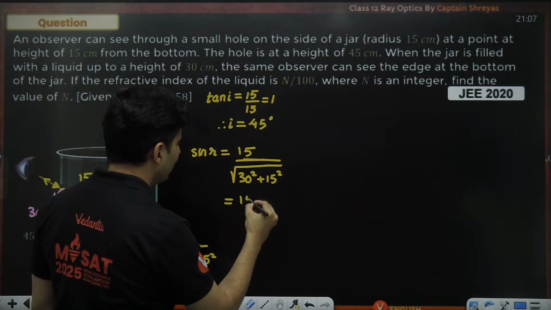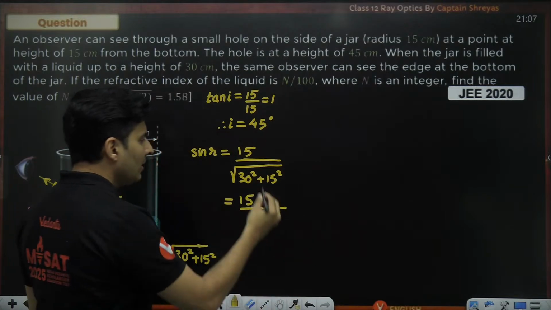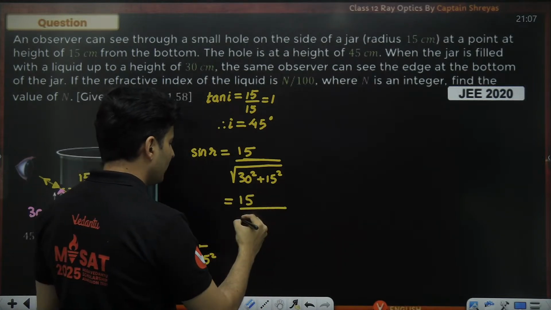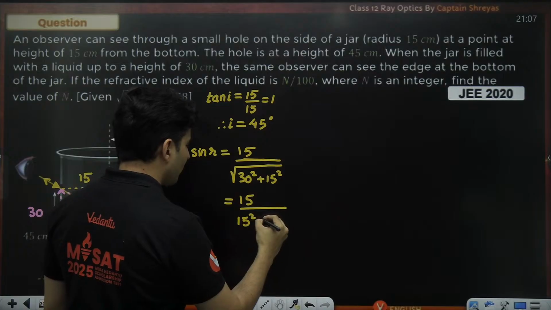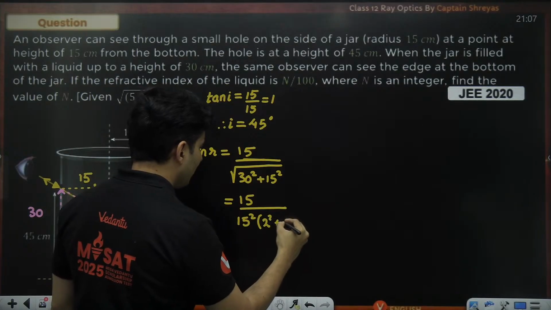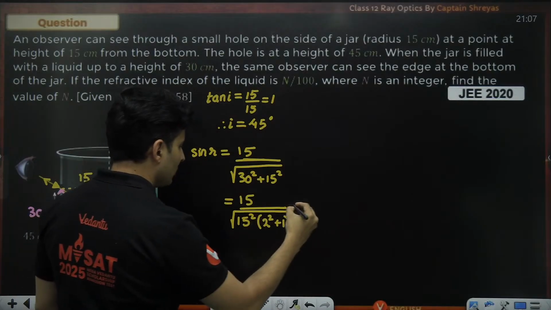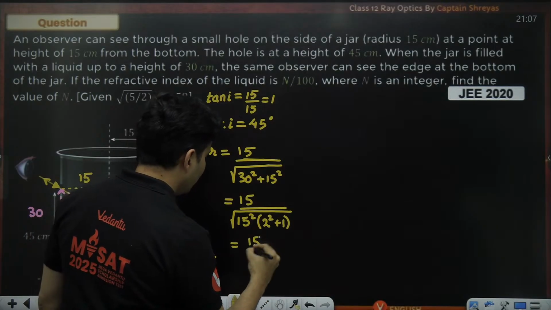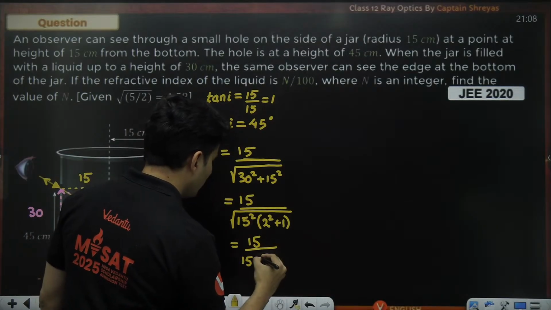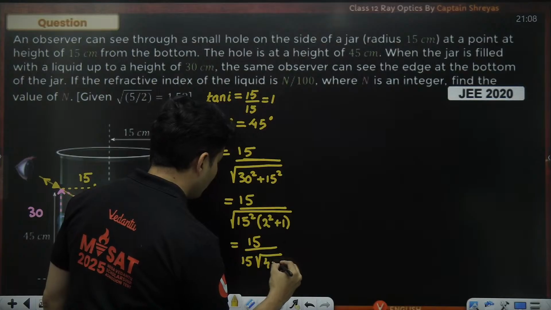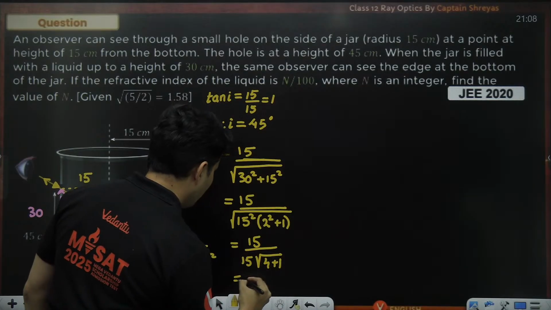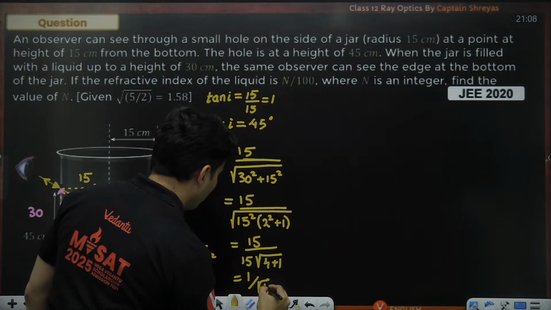So 15 can be taken common outside. This will be 15 squared, and then 2 squared plus 1, the whole thing under the root. So that makes it 15 by 15 times the root of 5: 2 squared is 4, 4 plus 1 is 5. So it will become 1 by root 5.